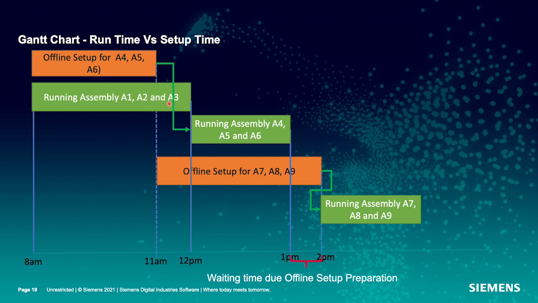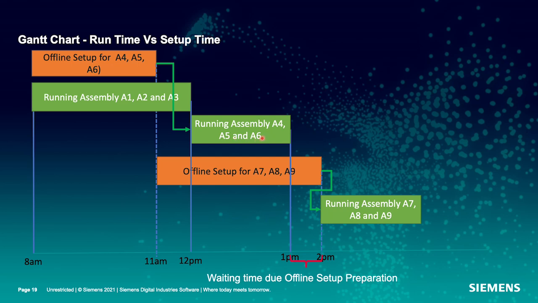The line is scheduled to complete producing A1, A2, and A3 by noon, whereas the offline setup area is scheduled to complete setup preparations for A4, A5, and A6 by 11 a.m. As soon as the line completes production, because the offline setup area has already completed setup preparation, we are able to change over to A4, A5, and A6 without any waiting time whatsoever.